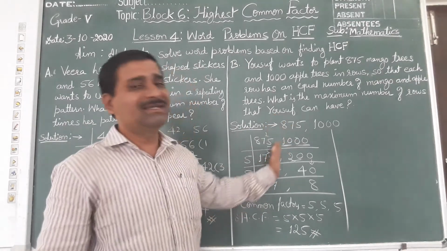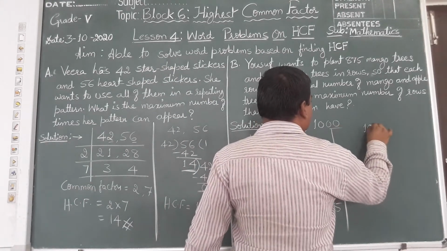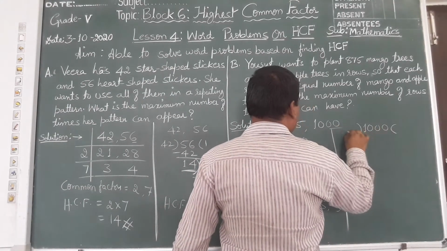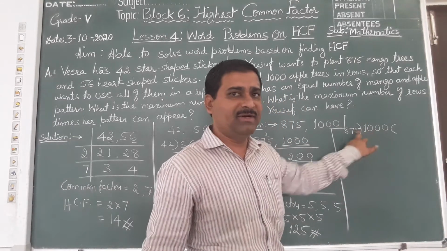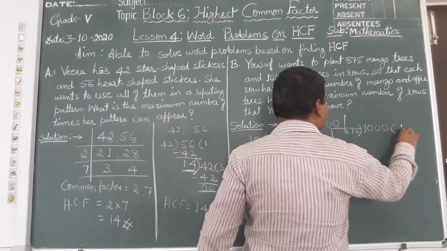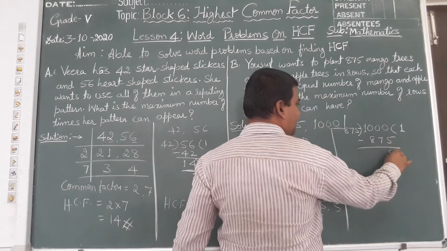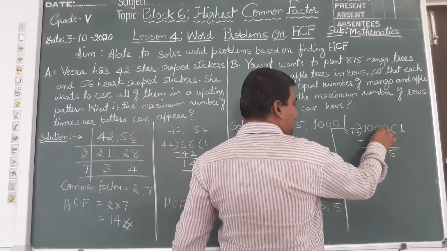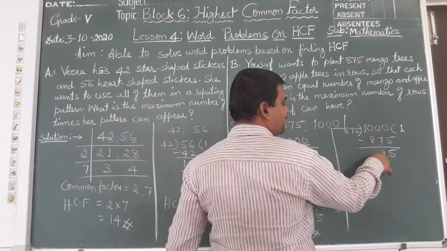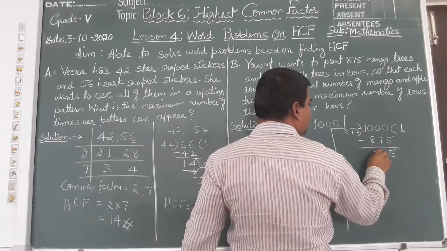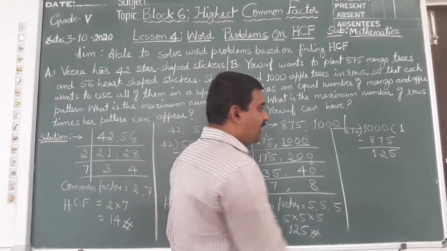125 rows. This can be done by the division method also, children. That is, the highest number divided by the lowest number. 875 ones are 875. 10 minus 5 is 5. Now this is 2 because 9 minus 7 is 2, and 10 minus 9 is 1, so the remainder is 125.